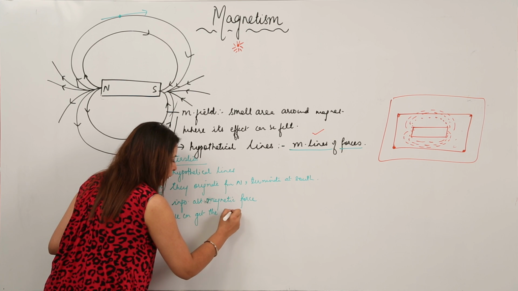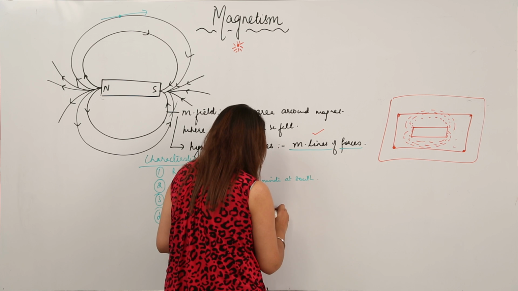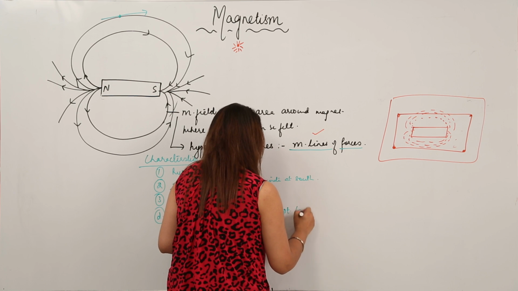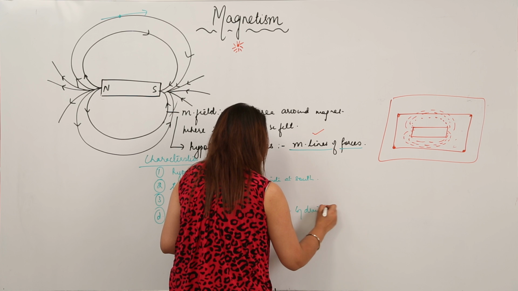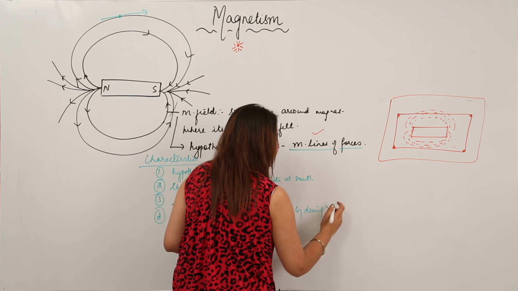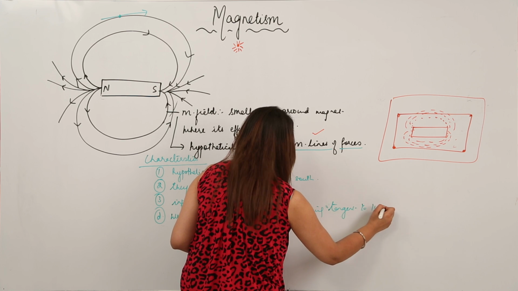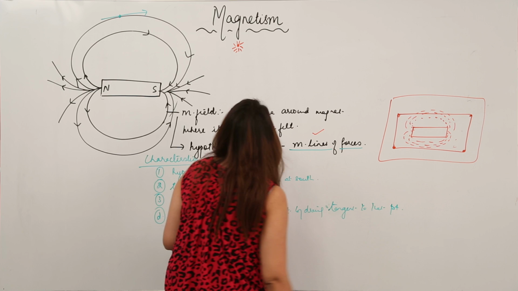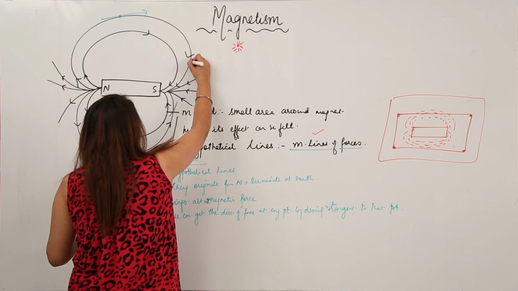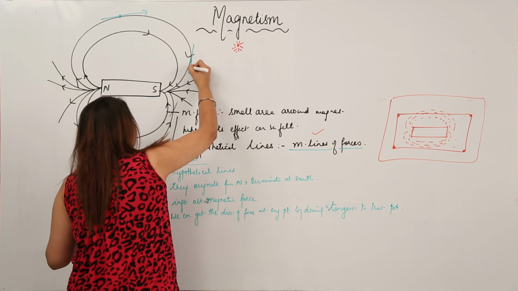So that means we can get the direction of force at any point by drawing a tangent to that point. Suppose I need to find the direction of magnetic force at this point, so I'll draw the tangent like this.